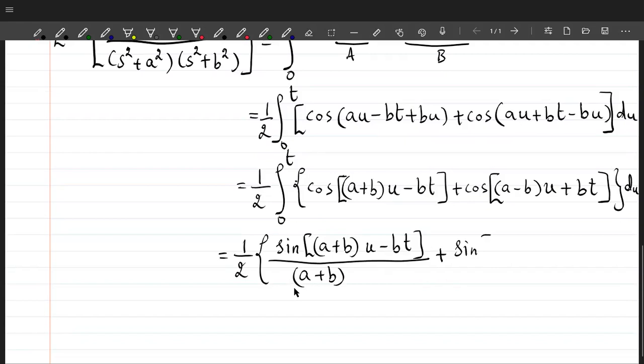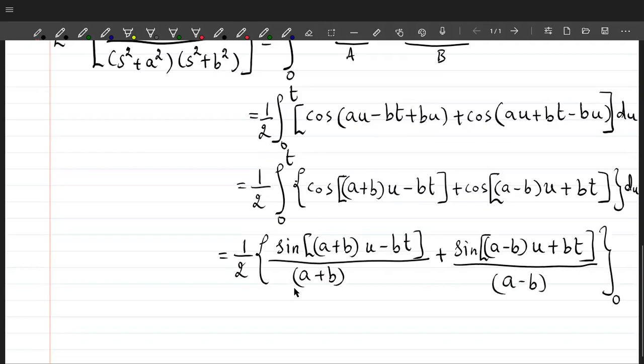So I get sine of A minus B into U plus BT divided by the coefficient of U, which is A minus B. And once the integration is over, we have to put the limits. Limits are from 0 to t.